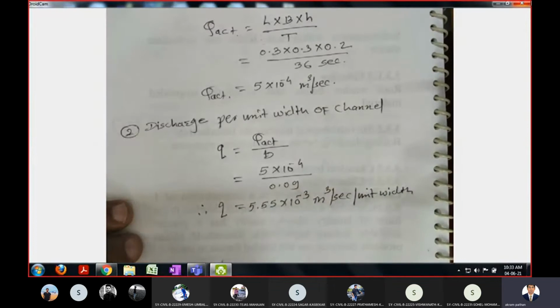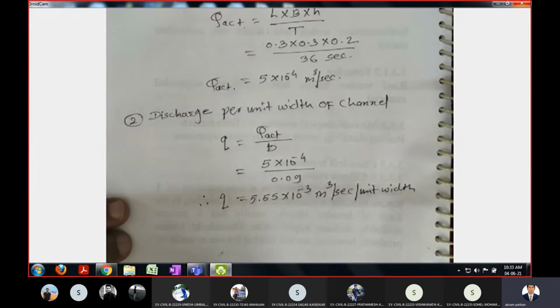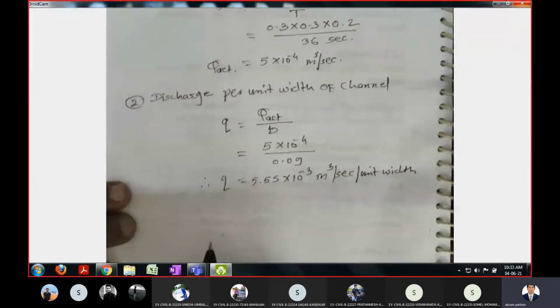Remember, this is small q, that is discharge per unit width of the channel.